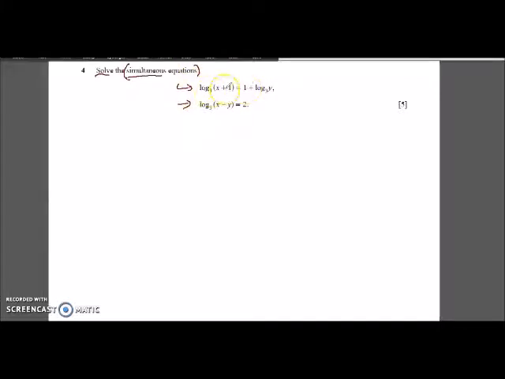We have to generate a normal linear equation to solve and find the x and y value. Alright, so we start with this first. Okay, now log 3, x plus 1.